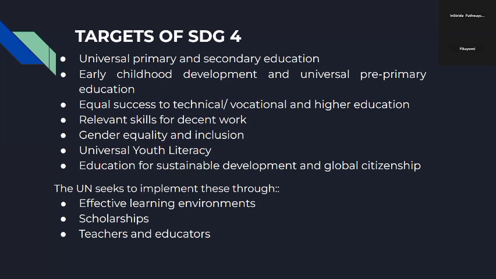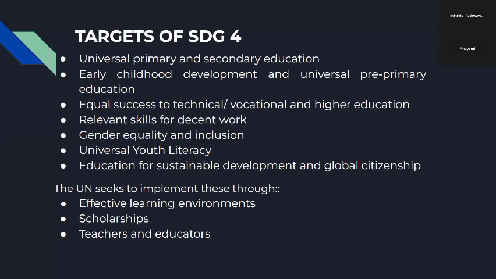So you might be wondering that these targets are quite a number. How do they want to achieve all these things that they've listed out? They're going to do this through effective learning environments. You know that sometimes when you are interested in something and the place that you are learning it from is not appealing, and is not giving you the results that you want, you get discouraged.